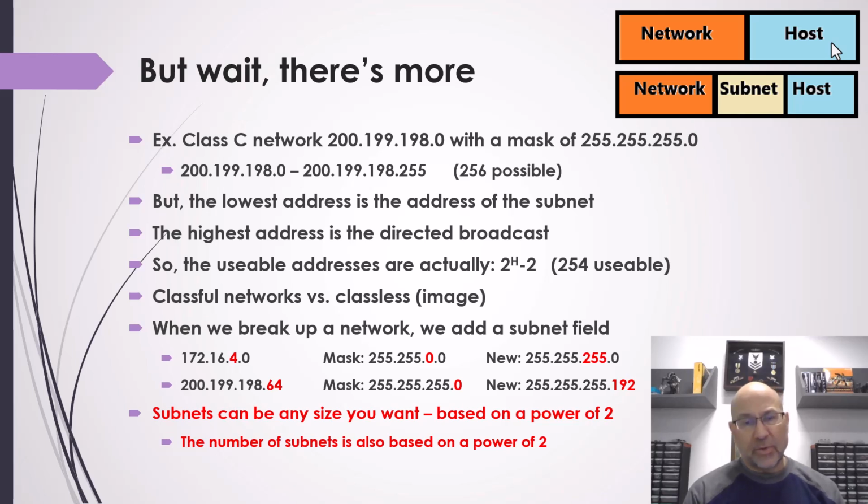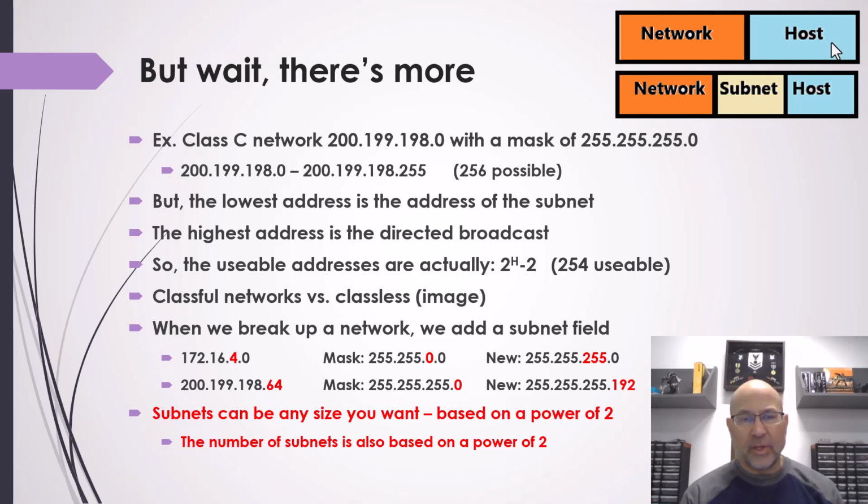The highest address is called the directed broadcast, the 255. Neither one of these addresses can be allocated to hosts, or they shouldn't be. So the usable addresses in a network or subnet is actually 2 less than the total number of addresses in the space.